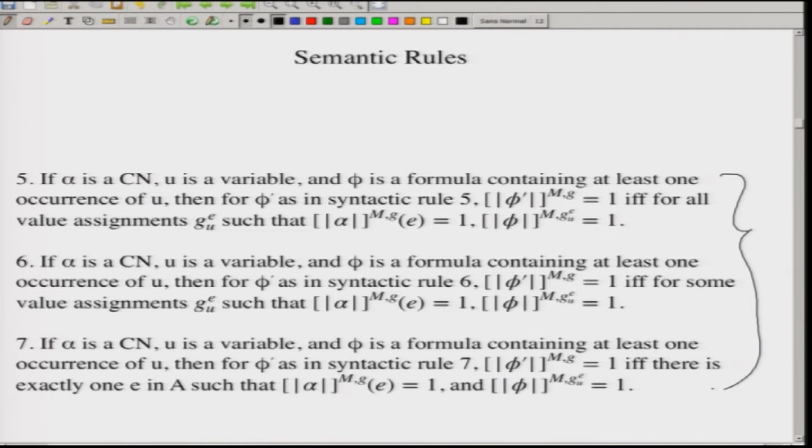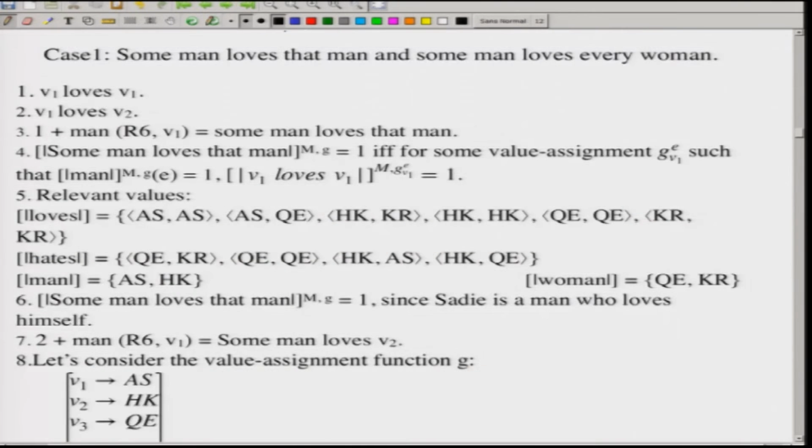We didn't have time for discussing rule 7. In this session we are actually going to deal with rule 7. But these we already remember. This is for all and this is for some. It's a quick reference to the rules. We need to refer back to the rules.